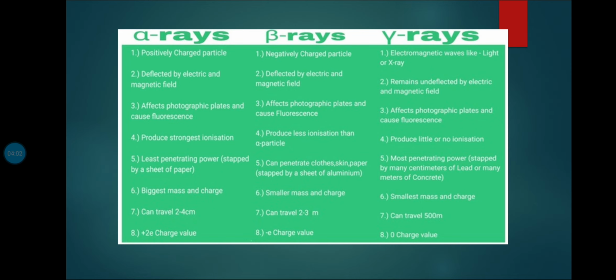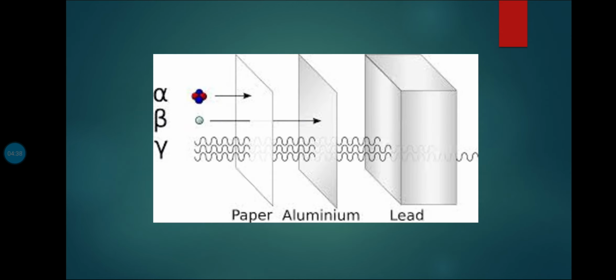Beta rays have a smaller mass and charge, and gamma rays have the smallest mass and no charge; they are neutral particles. Alpha rays can travel up to 2 to 4 centimeters, beta rays up to 2 to 3 meters, and gamma rays up to 500 meters. Alpha rays have a +2 charge, beta rays a -1 charge, and gamma rays have no charge.